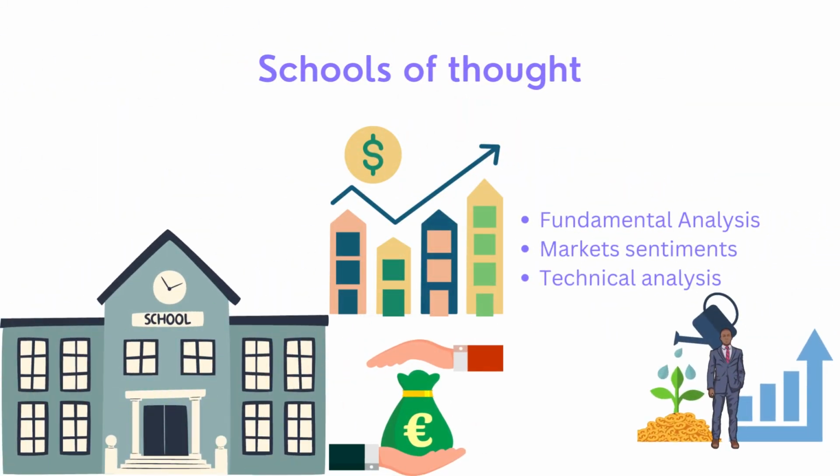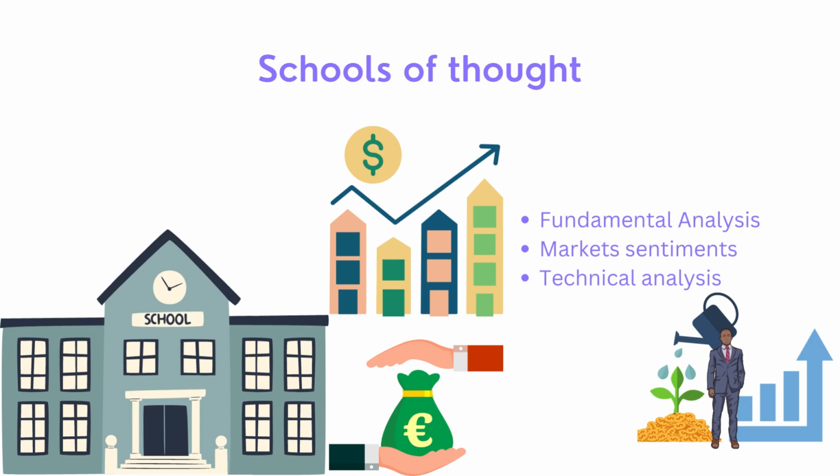There are three main schools of thought when it comes to analyzing the market. The first one would be fundamental analysis. Fundamental analysis involves scrutinizing financial and non-financial information, analyzing financial ratios, the corporate governance of specific companies, and market conditions, to name a few. This analysis looks to see whether an investment is overvalued or undervalued.